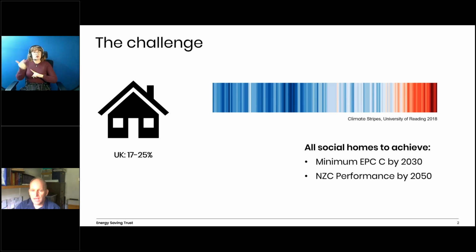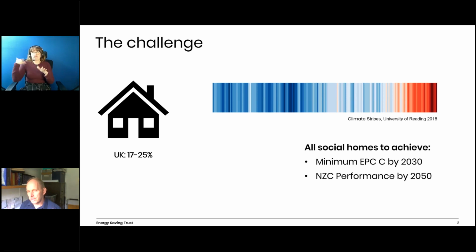So just starting out, the colourful image at the top right, if you haven't seen it before, it's called Climate Stripes. And it's a very stark illustration of the climate change going on. Each bar represents a year and gives the average global temperature across the last couple of 100 years.